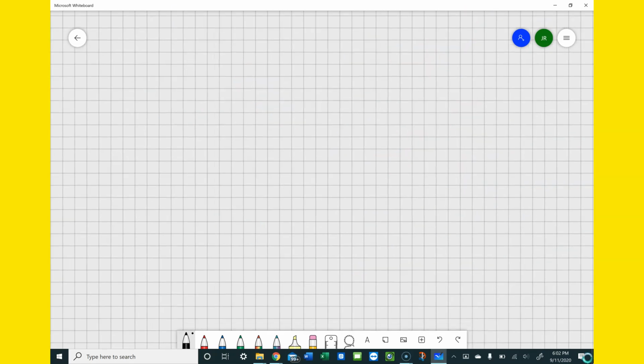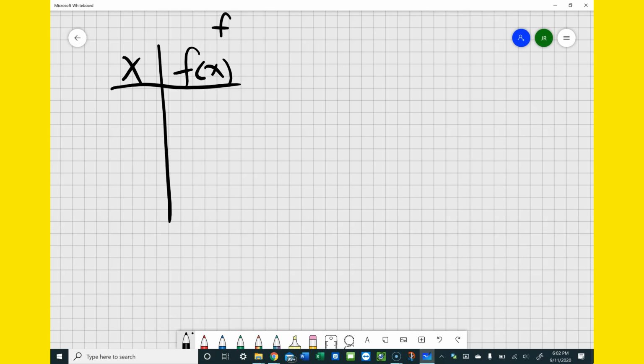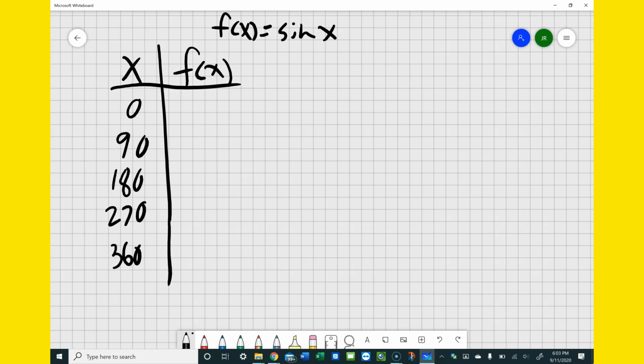So let me just reiterate for the sine graph. For f of x equals sine x, we can have these 5 fundamental points, or if we said radians, it would be this.